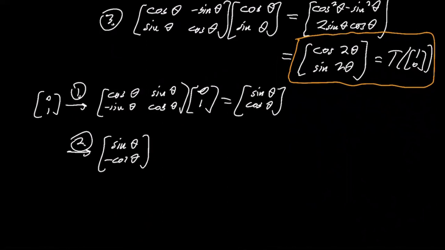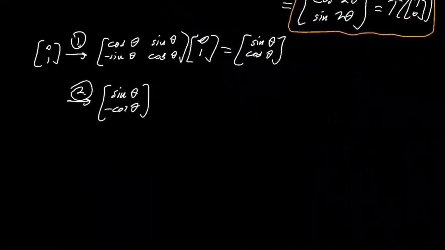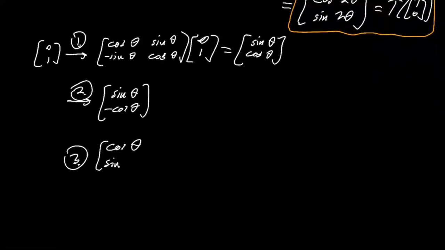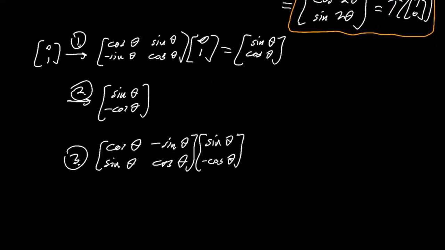And then we're going to rotate backwards, so rotate by positive theta now. So if I write that matrix times the result from the second step, again, pause it, try to do it yourself. Tell me what you get.